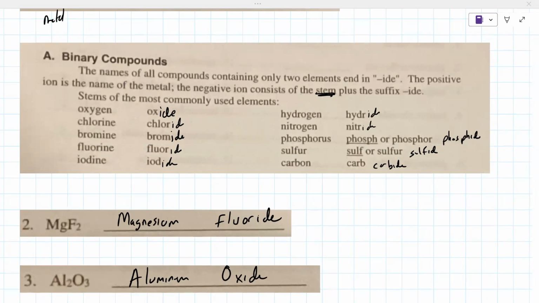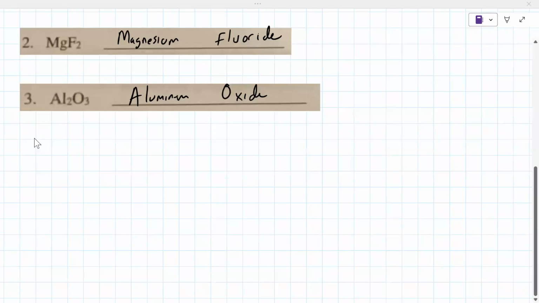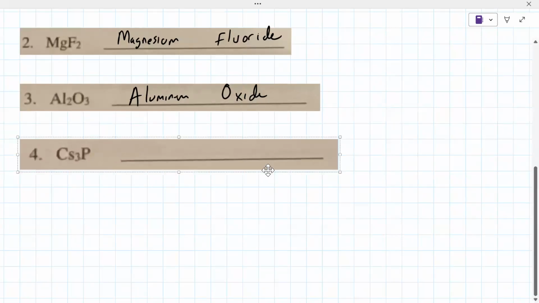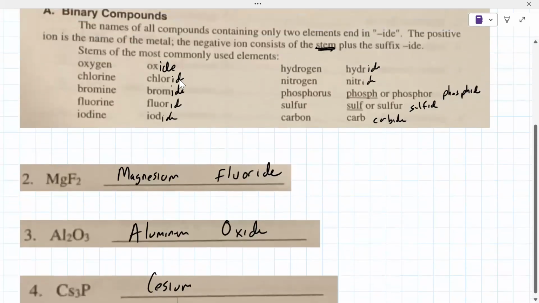Number four, cesium. And then P is phosphorus, which you go look for. I like sticking with the "ide," so I'd remember phosphide with a PH.